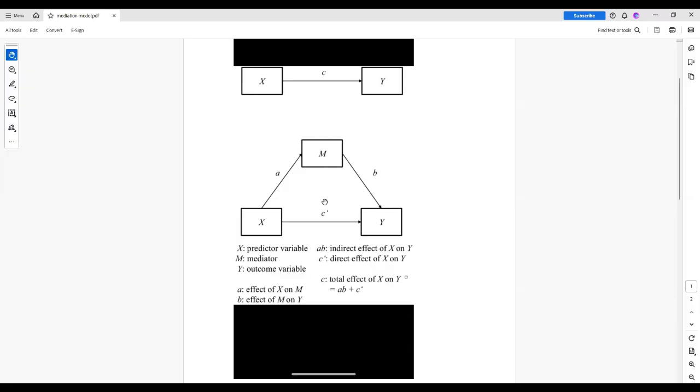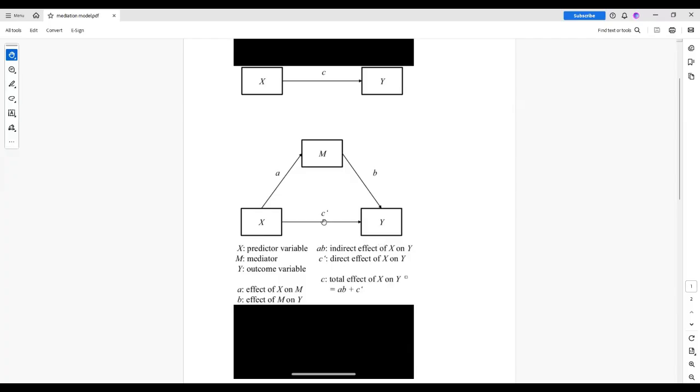When you include a mediator in your analysis, if there is a significant mediation, usually you have a lower effect size here; the effect of your IV on DV usually reduces. For example, if in a simple regression your IV can predict 70% of the variance of your DV, and you have a significant mediator in your mediation analysis, the direct effect of your IV on DV may reduce to 50% instead of 70%.